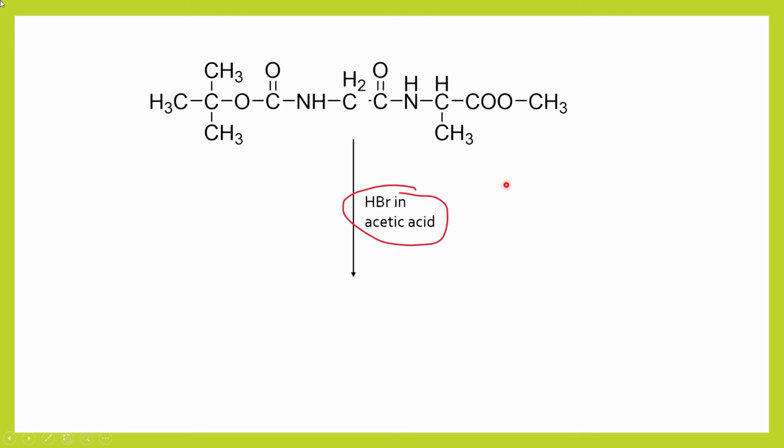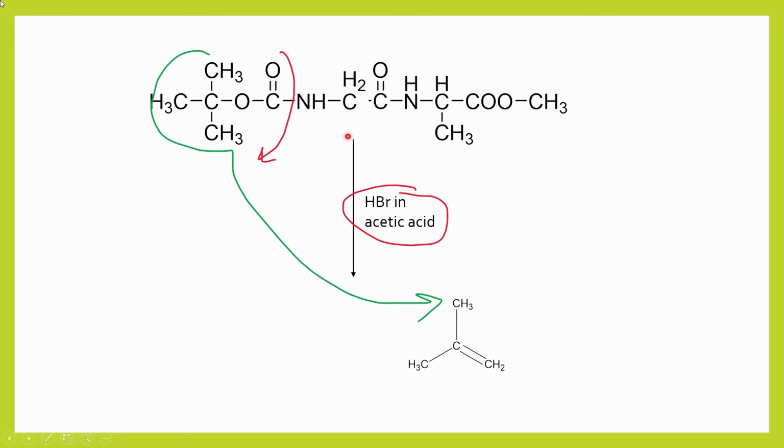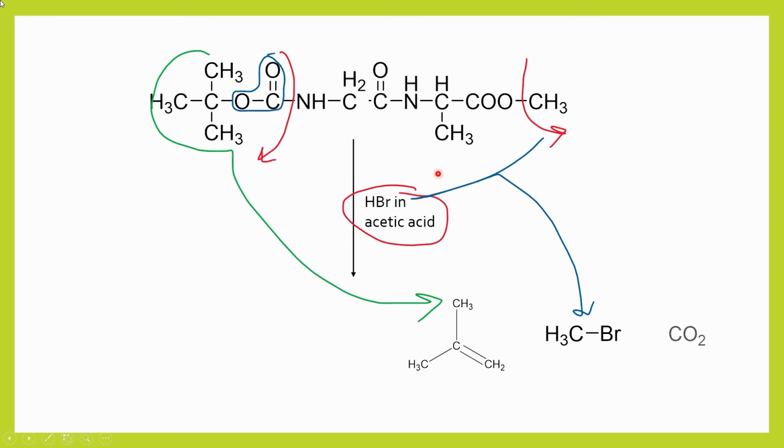What HBr in acetic acid does is, first of all, it removes the BOC protected N terminal in this manner, and it also reacts with the ester group from the C terminal, forming CH3Br, and this part would get out in the form of carbon dioxide.